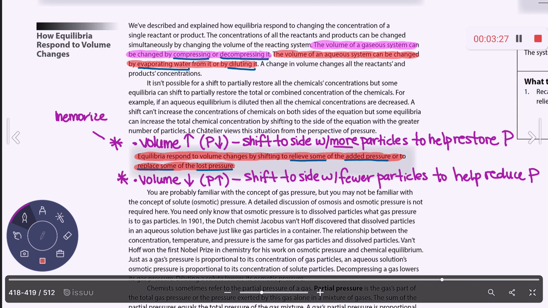So these two things will get you through the volume changes at equilibrium. And let's take a look at the top of the next page when you're ready.